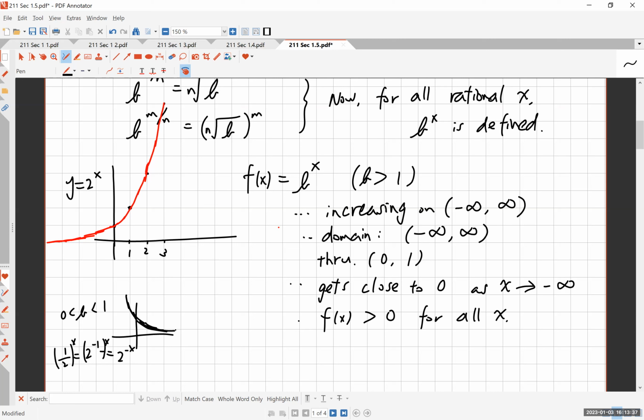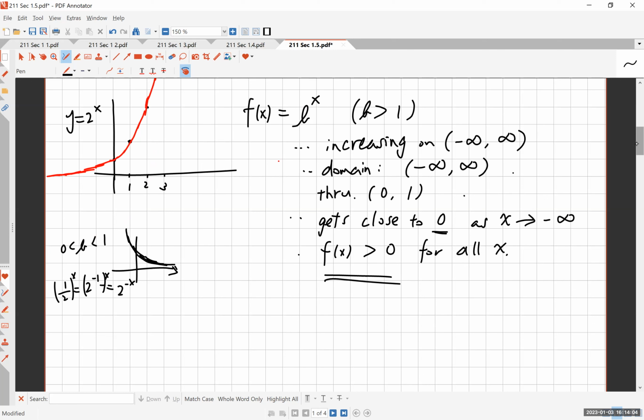It'll be decreasing everywhere, but the domain is the same. It still goes through 0, 1, and instead of getting closer and closer to 0 as x approaches negative infinity, this happens when x approaches positive infinity. Regardless of the value of b, the function value of the exponential functions will always be positive and not be 0.